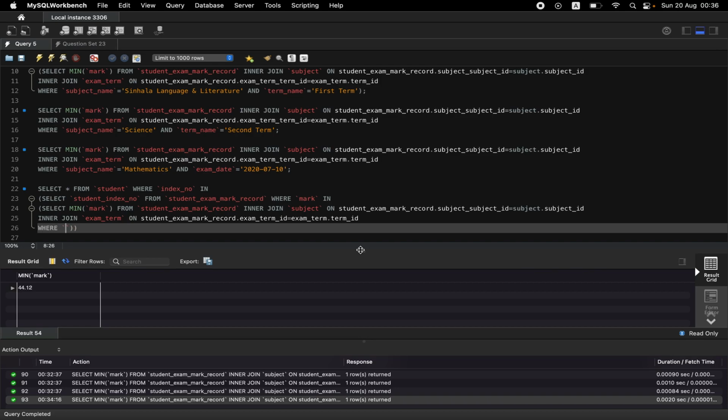where the subject name is mathematics and exam date equals 2027-10.